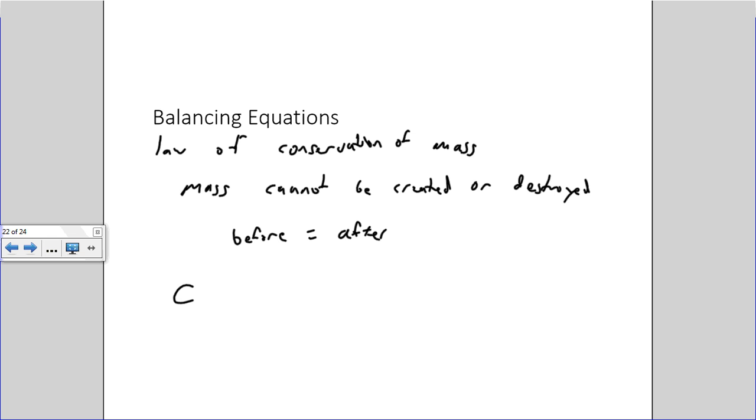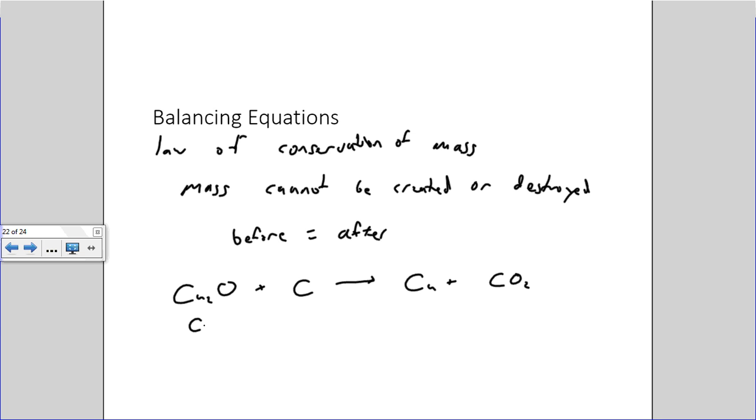Our first one is Cu2O plus C yields Cu plus CO2. In order to do this, first you want to figure out what you have on each side.